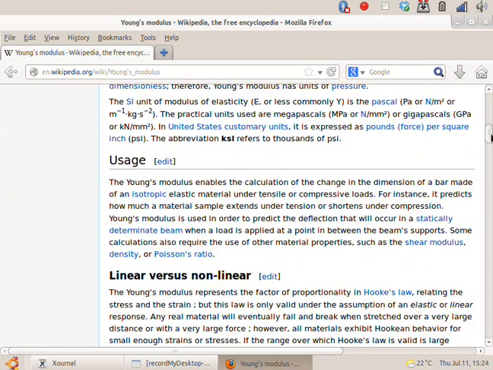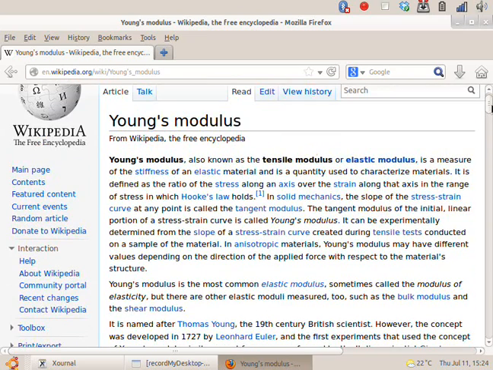Stress over strain. Yeah. Ratio of stress over strain. Aren't we so smart? Okay.